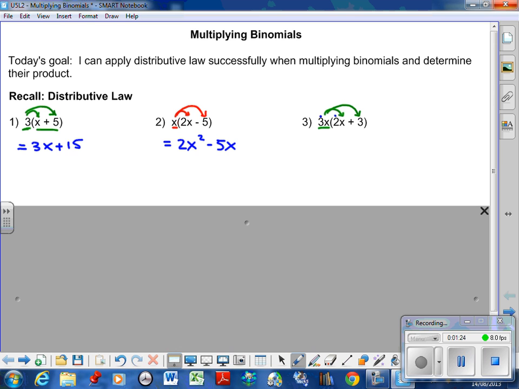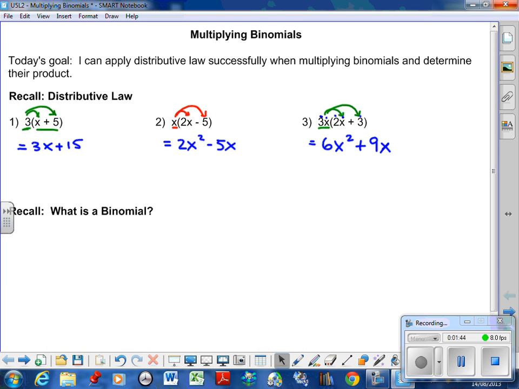So 3 times 2 is 6. X times x is x squared, plus 3 times 3 is 9, and there's nothing to multiply the x with technically, so it becomes 9x. So there is our distributive law that we've already done in grade 9 and again in this course. So what is a binomial?